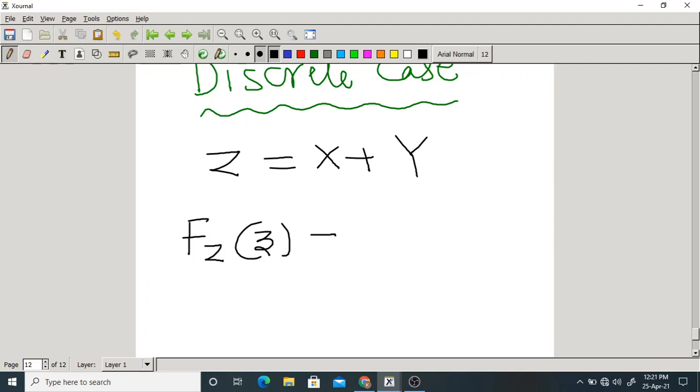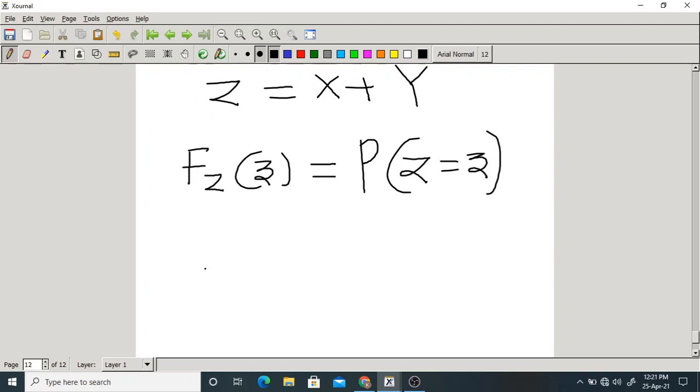What is the definition of CDF in case of discrete random variables? Probability that Z is equal to small z, isn't it? But what is Z equal to? Probability that X plus Y equal to z.